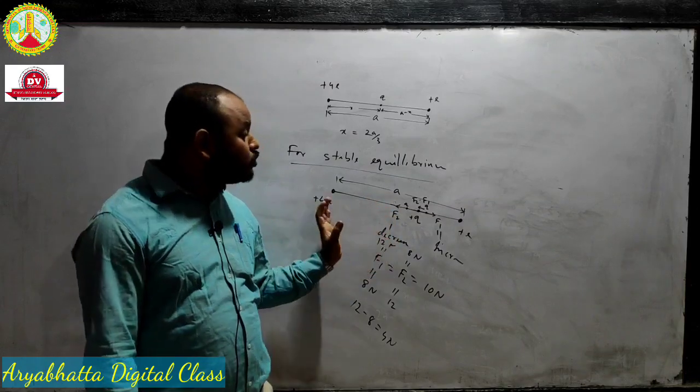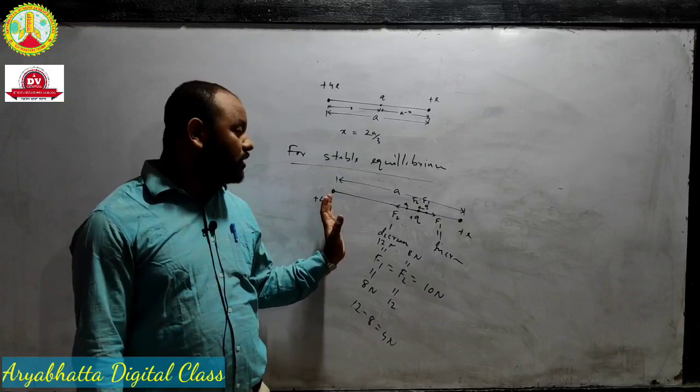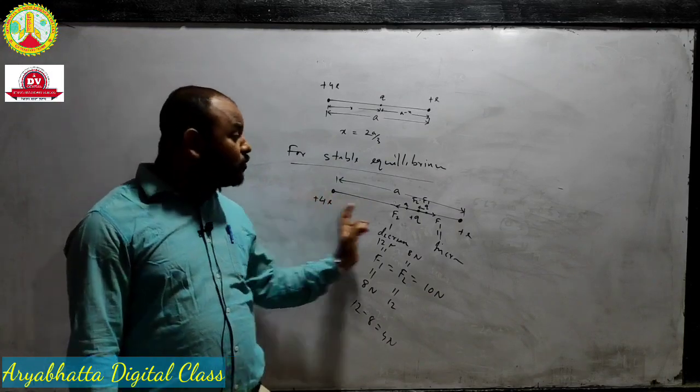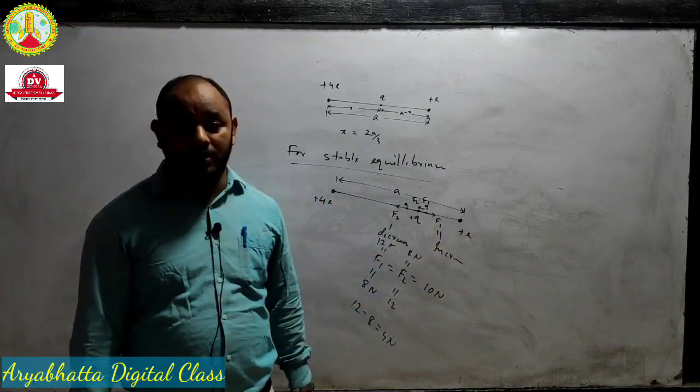That is why it will be stable equilibrium. So if a positive charge is between two positive charges, the equilibrium will be stable.